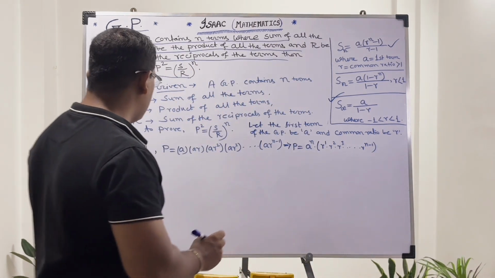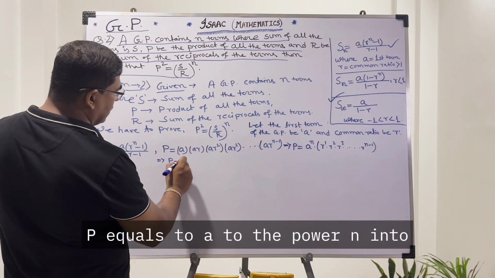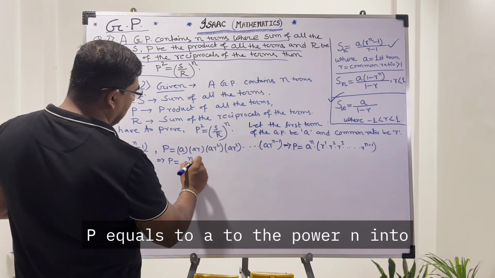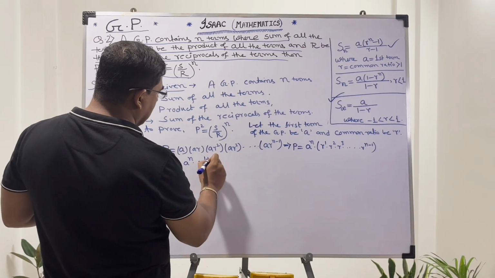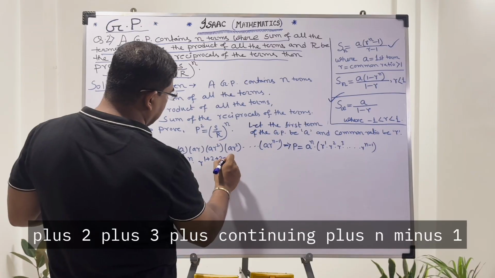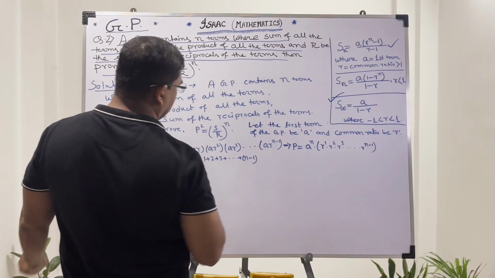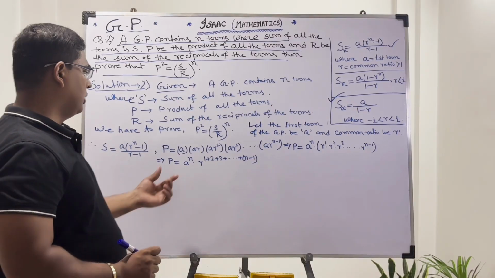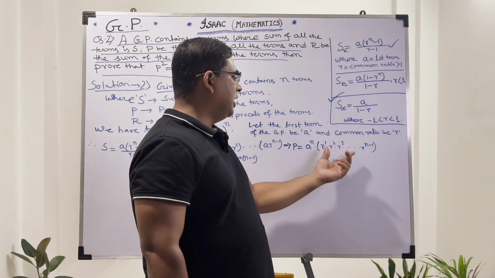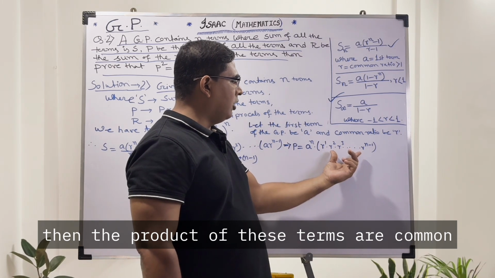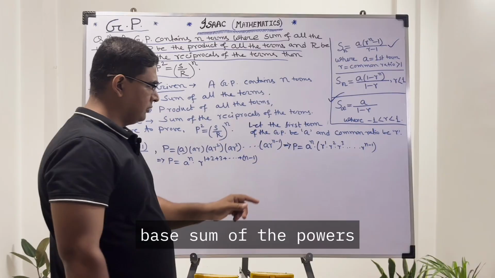This implies P equals a to the power n into r to the power of 1 plus 2 plus 3 plus continuing plus n minus 1. That means when the bases are equal, the product of these terms is the common base to the sum of the powers.